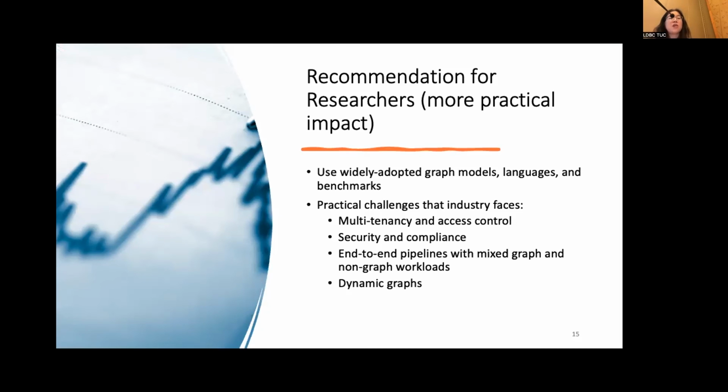The other thing is I feel like the graph research community has focused a lot on fancy algorithms and performance, but there are also other equally important, practical issues that the graph industry needs help on, such as multi-tenancy, access control, security, compliance, end-to-end pipelines with mixed graph and non-graph workloads, and dynamic graphs.